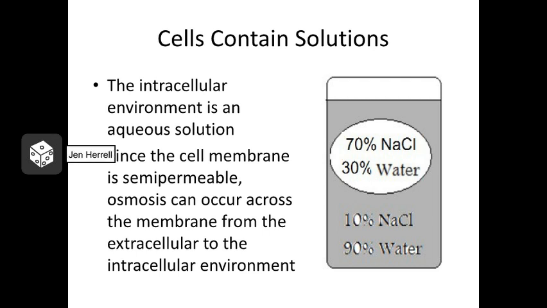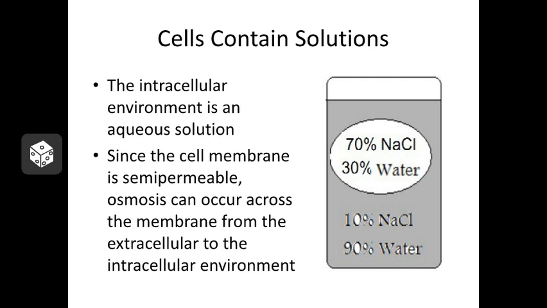Now you might be asked to identify which way solutes and water will want to move when cells are placed in certain situations. How do you go about doing that? Well, first of all, you need to identify whether the intracellular solution is hypertonic or hypotonic, and the same with the extracellular environment.